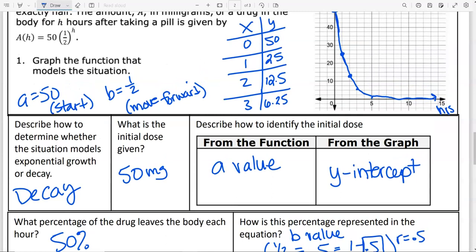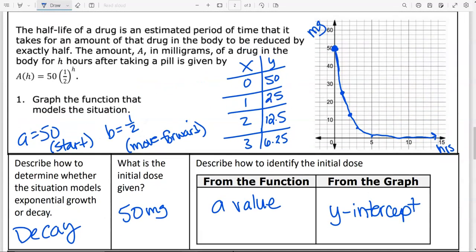Bonus question. Why do bottles, so let's say this medicine says that you can take another pill in 6 hours. Why does that make sense? I wouldn't say it's fully out of my system, but in 6 hours, if I replace this H with a 6, 50 times 1/2 to the power of 6, okay?